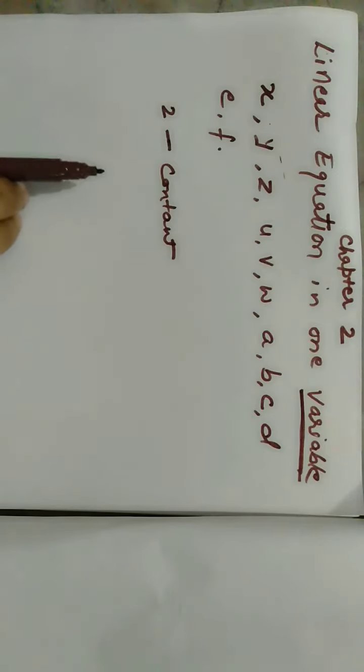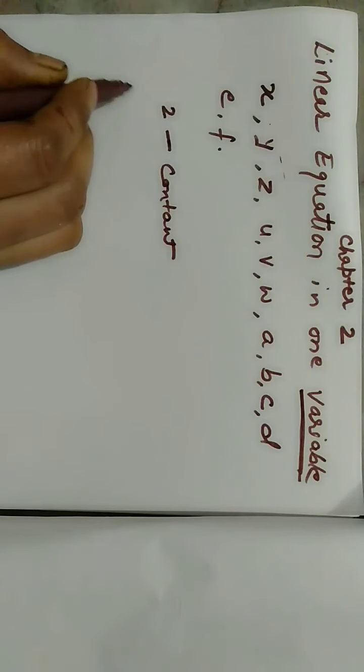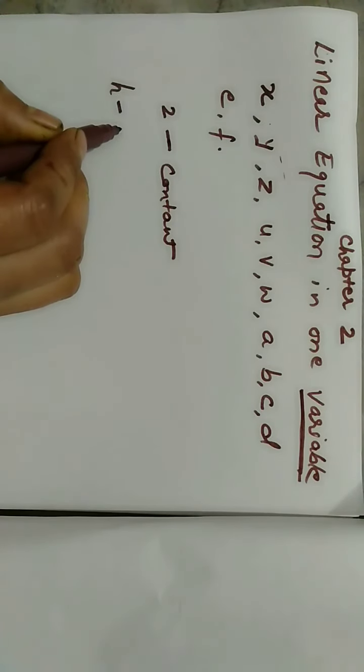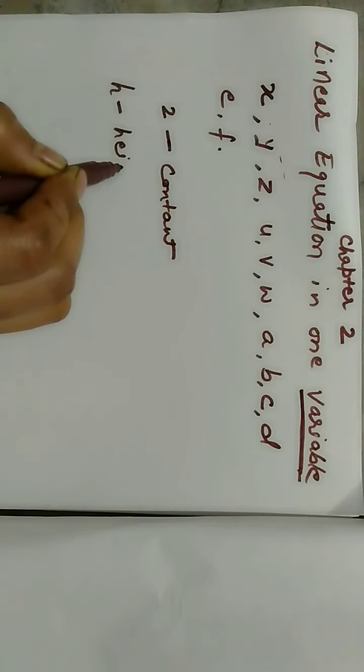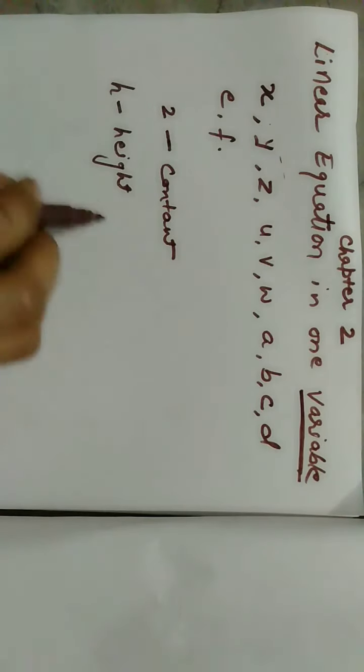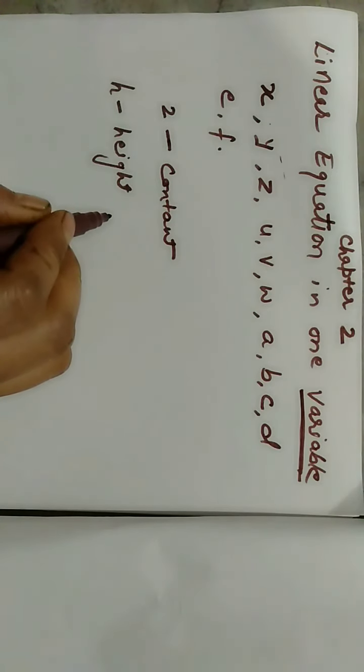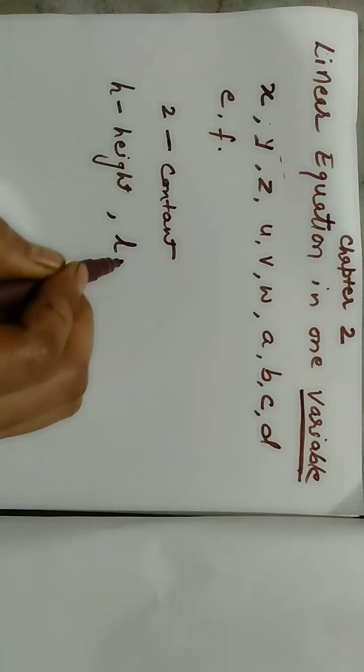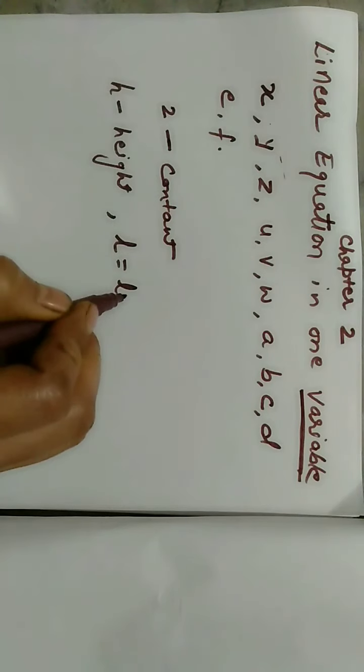Some of the variables are assigned to represent particular things, just as h. H is representing height. Height of an object is represented by the variable h. L is representing the length.